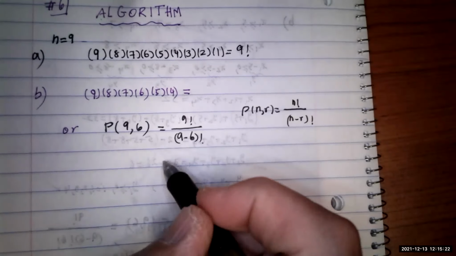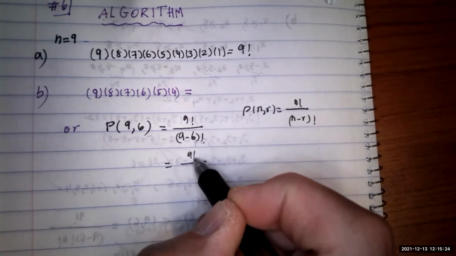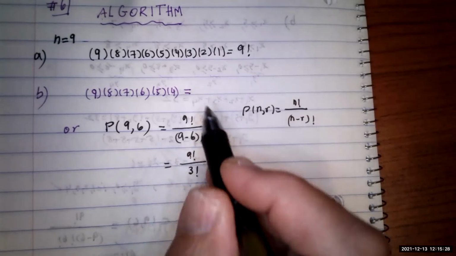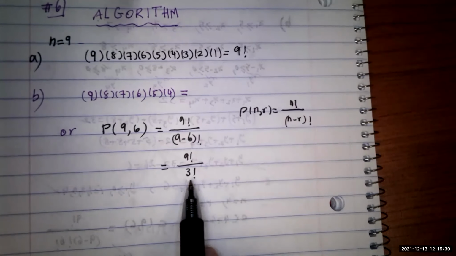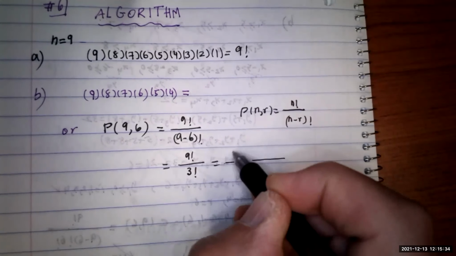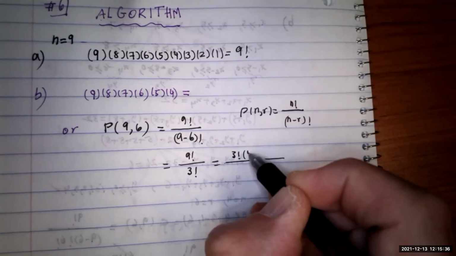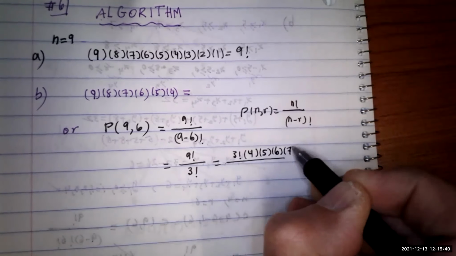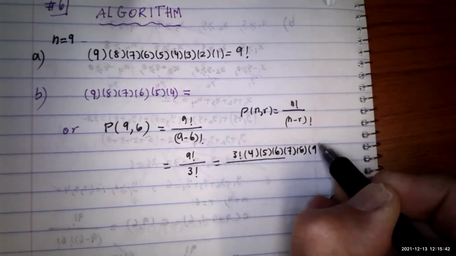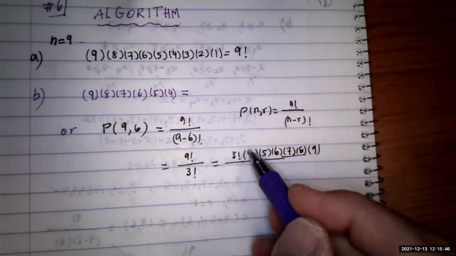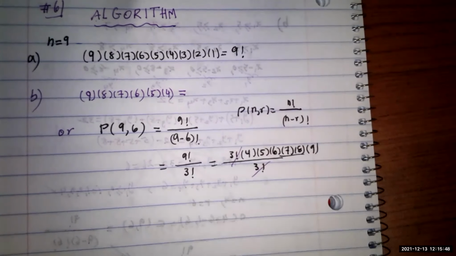The top would be just 9 factorial, and the bottom one would be 3 factorial, which is the same as the other one, because you break it at the 3 factorial and you continue with 4, 5, 6, 7, 8, and 9. If you simplify it, it's the same thing.